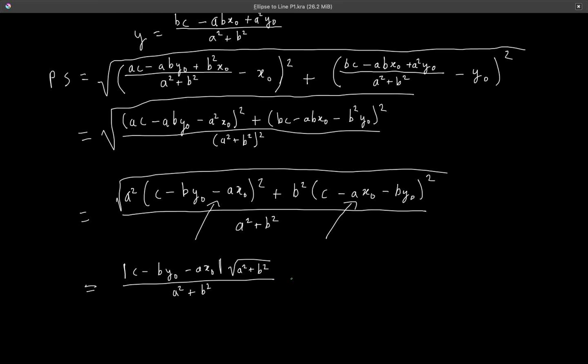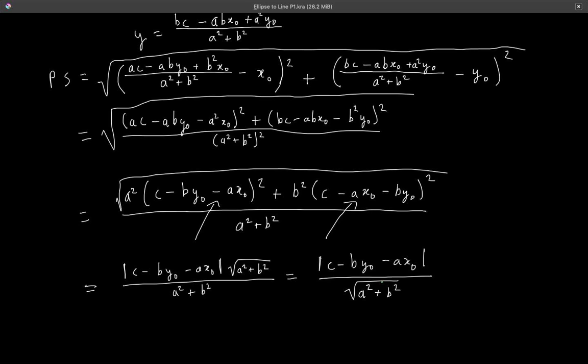And the final step, fairly easy: the absolute value of c minus by0 minus ax0, all of that over the square root of a squared plus b squared. So we've simplified this massive distance formula expression into this simple formula right here.